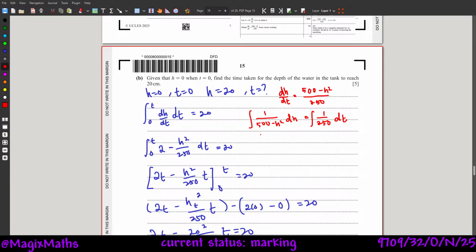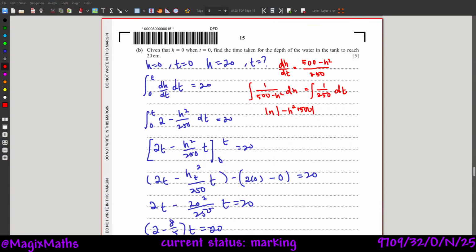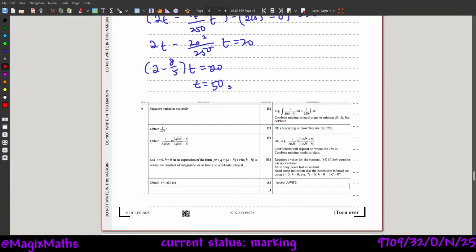Would have gotten a ln of this in a negative 2h.